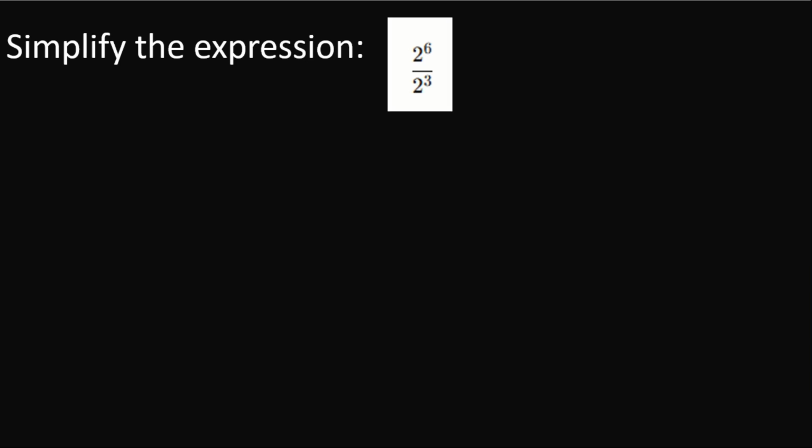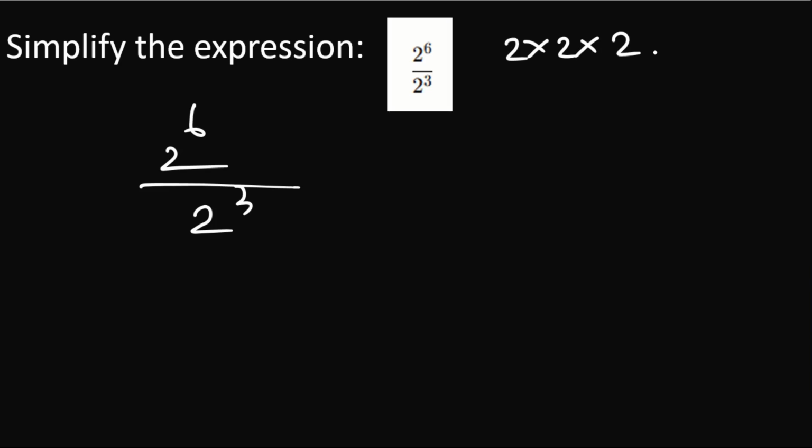Now come to another math problem. Simplify the expression 2 to the power 6 over 2 to the power 3. Here 2 to the power 6 means 2 multiplied by itself 6 times, which is 64.